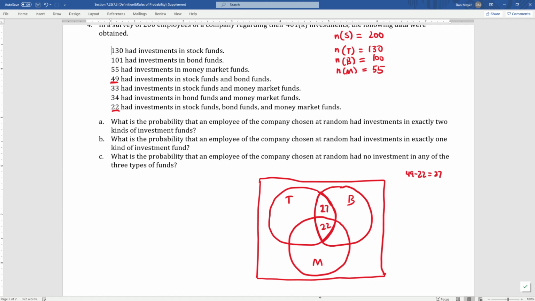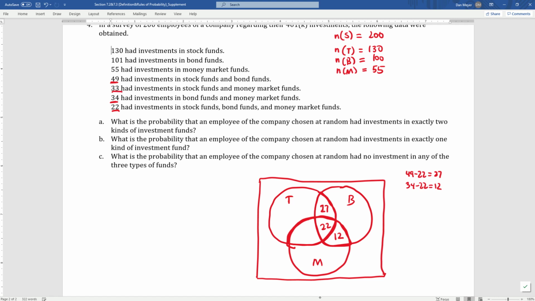For the bonds and money market football, there were 34 who had bond funds and money market funds. We've already got 22. If I do 34 minus 22, that leaves 12 in that part of the football. And then finally, stocks and money market. Remember, we're using T for the people who own stocks. Stocks and money market would be this football.